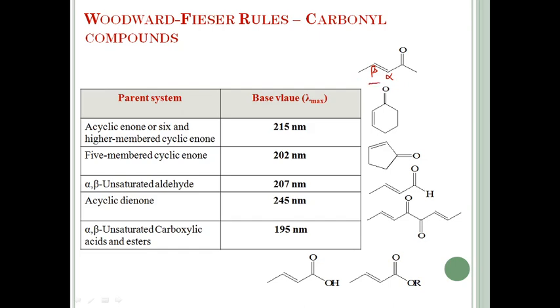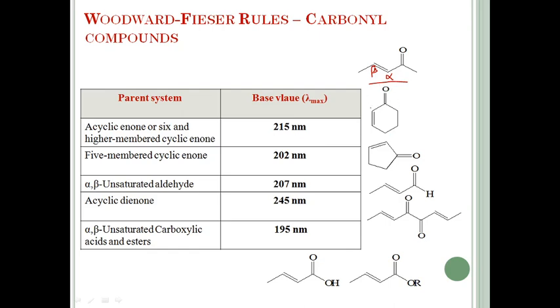This comes under the category of acyclic enone. So for the system acyclic enone, or 6-membered or higher member cyclic enone, the base value must be 215 nanometer. So this is the acyclic enone and this is the cyclic enone.